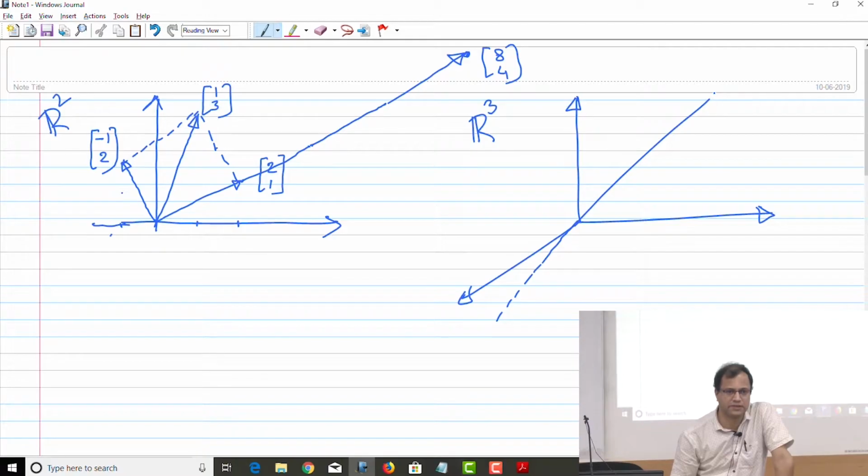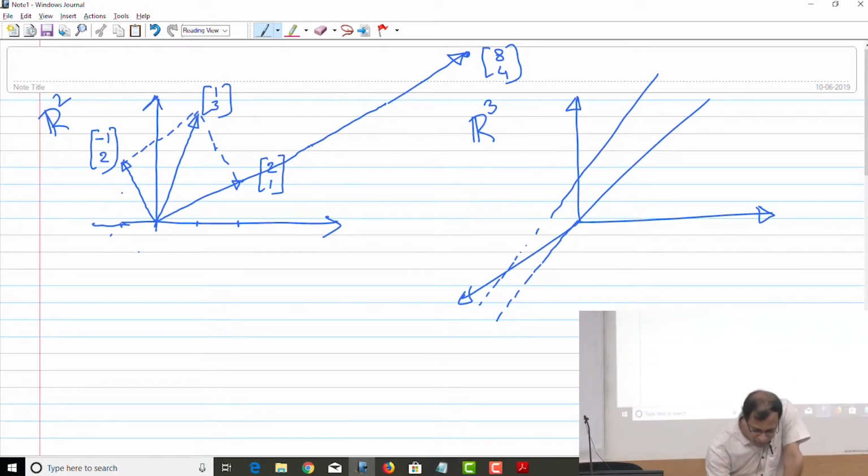Will this be a subspace of R3? Yes, right? Because it will satisfy all the properties of a vector space. Now, if we consider another line parallel to this line, will this be a subspace? No, right? It is not passing through the origin.